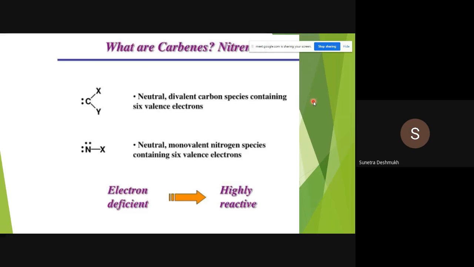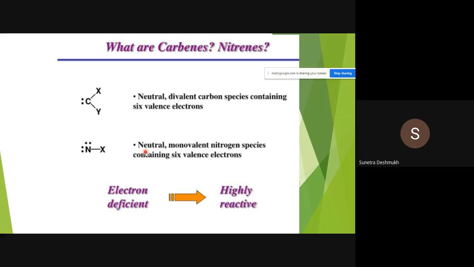Next, what are carbenes and nitrenes? In the carbene structure you can see a total of six valence electrons: two from this bond, two from this one, and two from this lone pair. So it is a neutral, divalent carbon species, with only two bonds and six valence electrons.